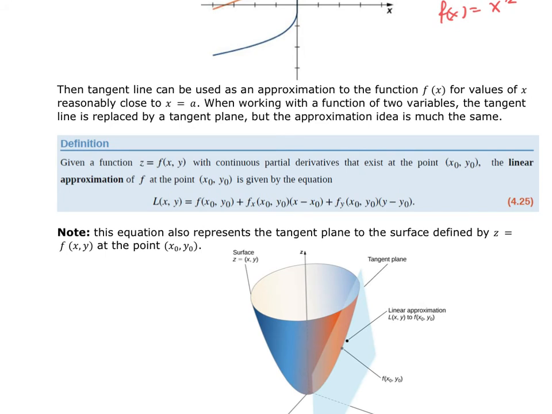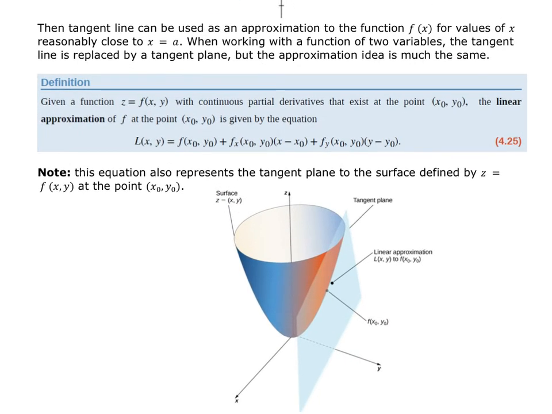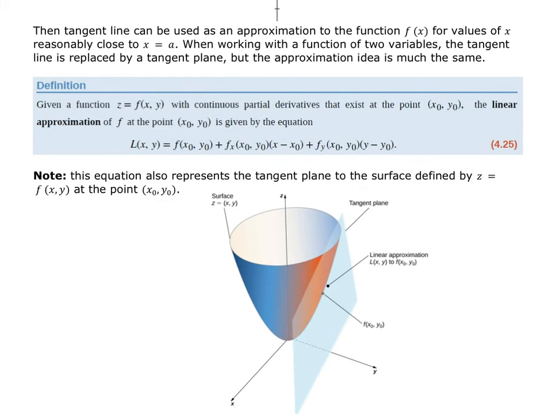So here's the linear approximation formula. The idea behind using linear approximation is that if there's a point x naught, y naught at which we know the precise value, then we can get reasonably close near x naught, y naught with the linear approximation, i.e. the tangent line.